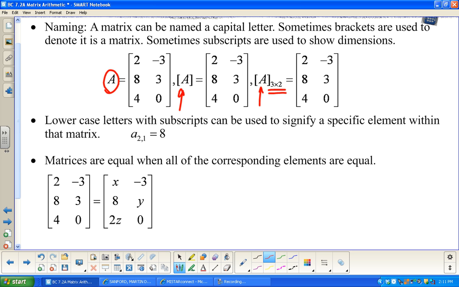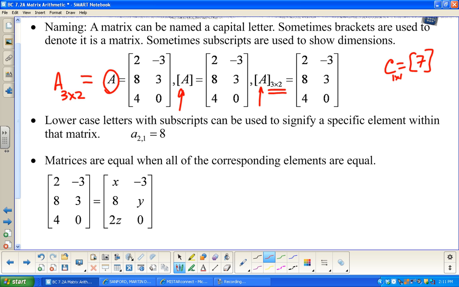So that's a 3 by 2. In the same way, you could do a 3 by 2 again without the brackets. So there are different methods, but they're all the same kind of thing. So we could have a matrix A or a matrix B or matrix C. We could have a matrix C that's a 1 by 1, and it's not very exciting, but here it is.